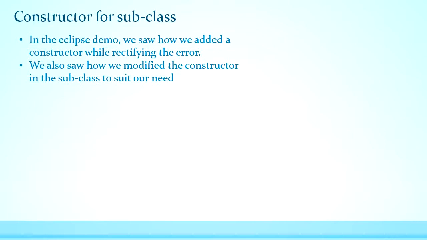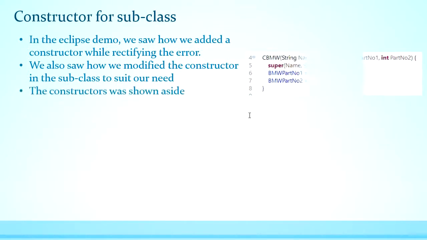So we added those parameters and initialized the subclass members. The constructor was shown aside. If you see in the constructor, we added 2 parameters, int part number 1 and int part number 2. Then after calling the base class constructor at line 5, we assigned BMW part number 1 and BMW part number 2 and initialized our internal members.